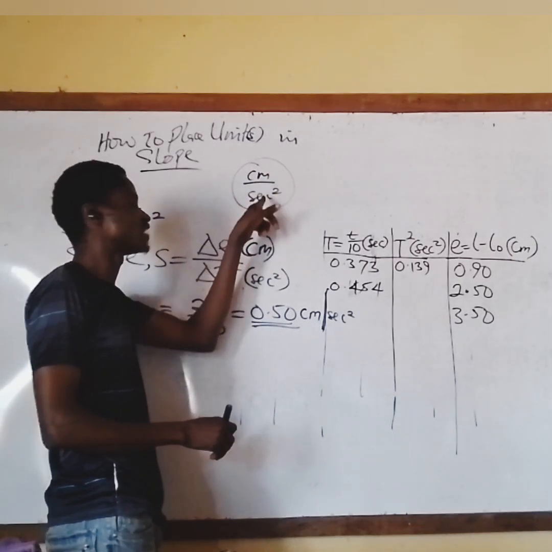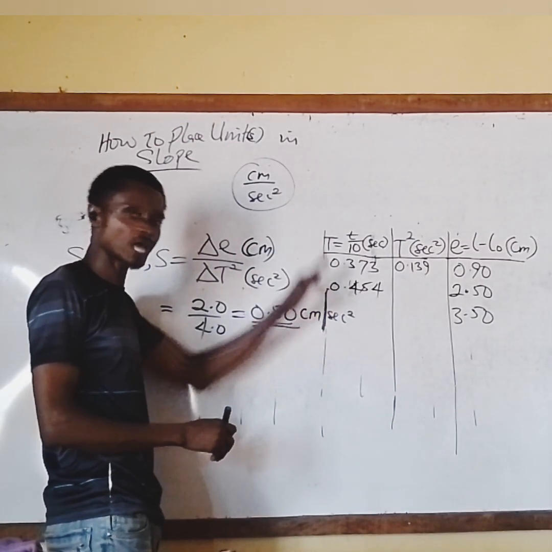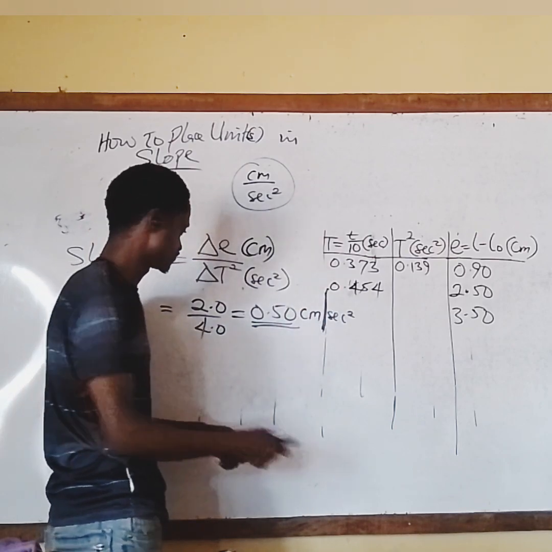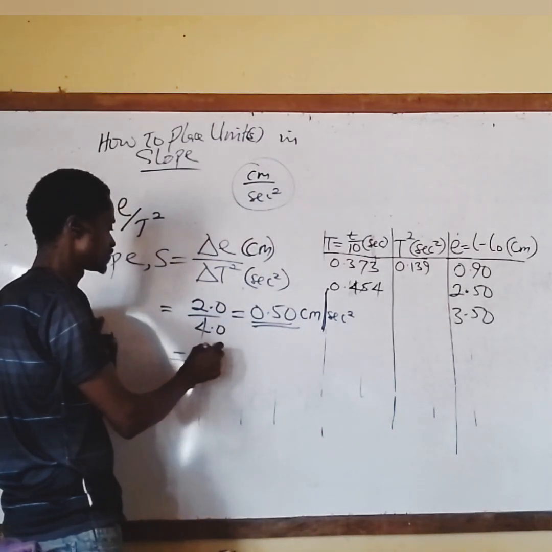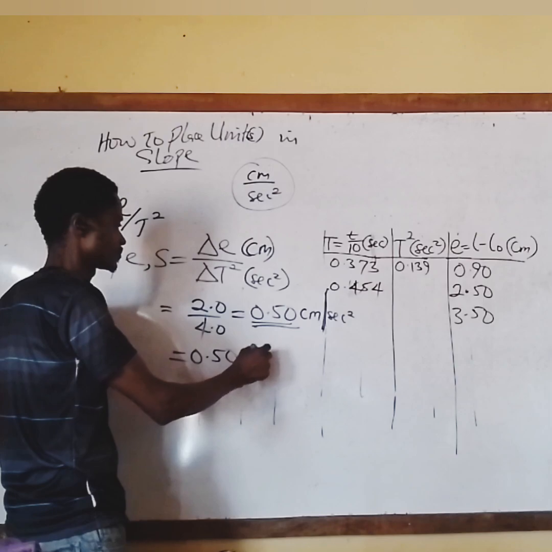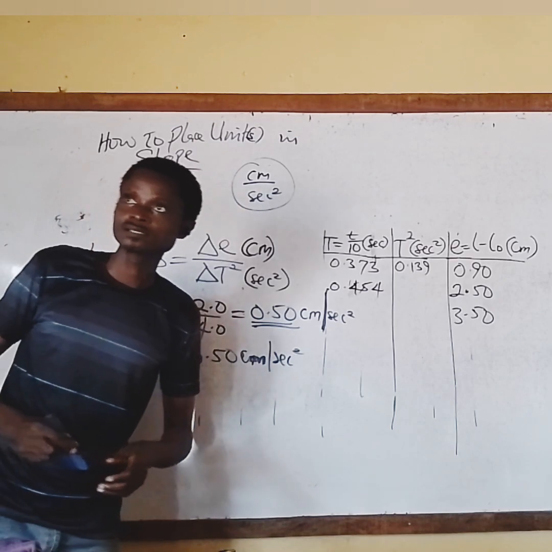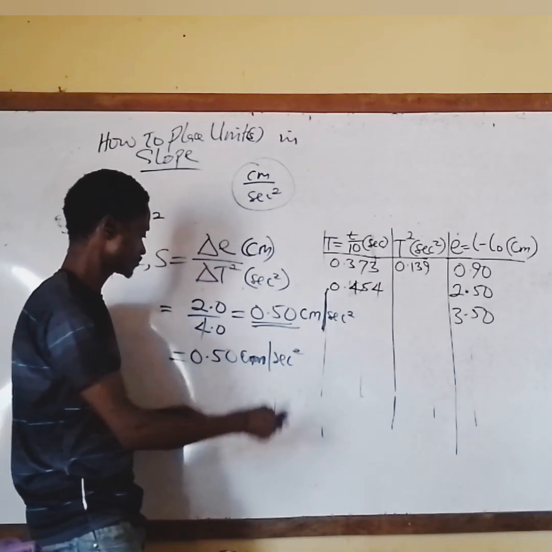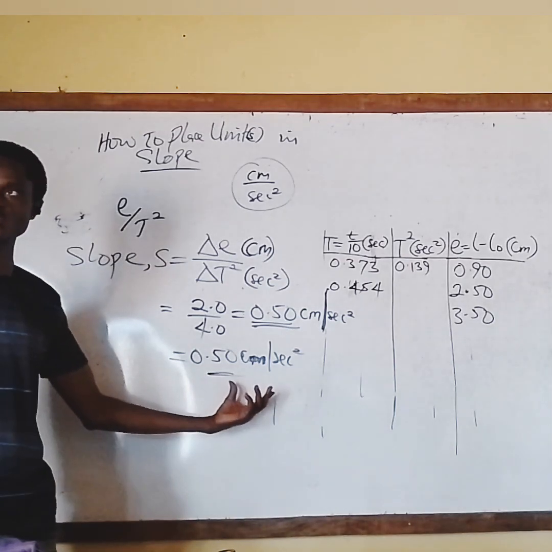So that per is like divided by or all over. Is that taken? Now, in this aspect, we have 0.50 centimeter per second squared. So that is how we can fix units in terms of slope.